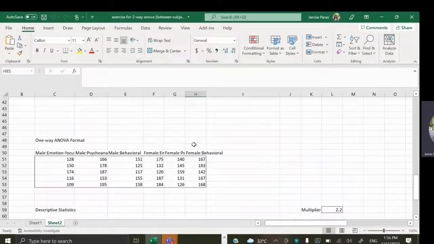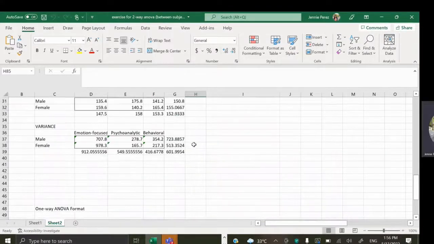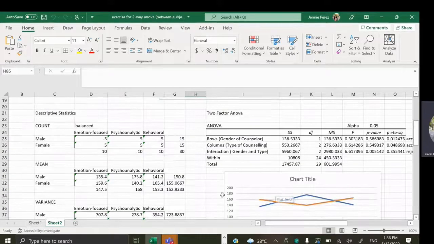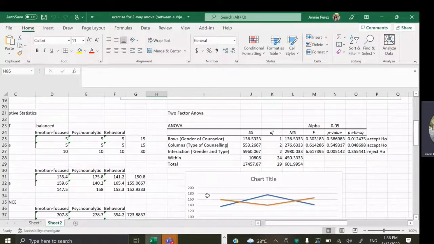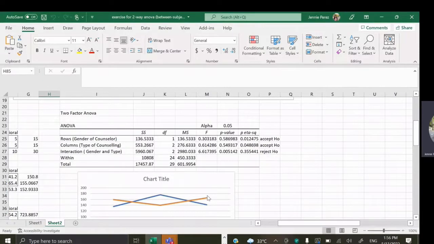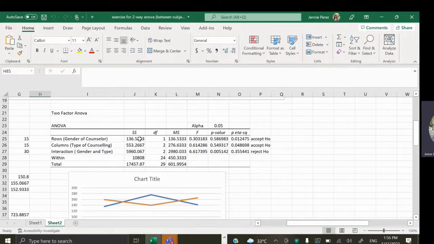Okay, so that is our data for this study. We have seen that there is no significant difference in grief scores between clients who had male and female counselors, and we have also seen that there is no significant difference in grief scores among clients who went through different types of counseling.